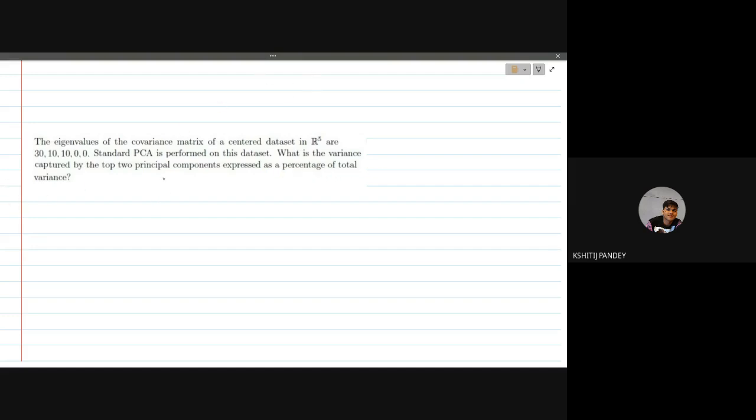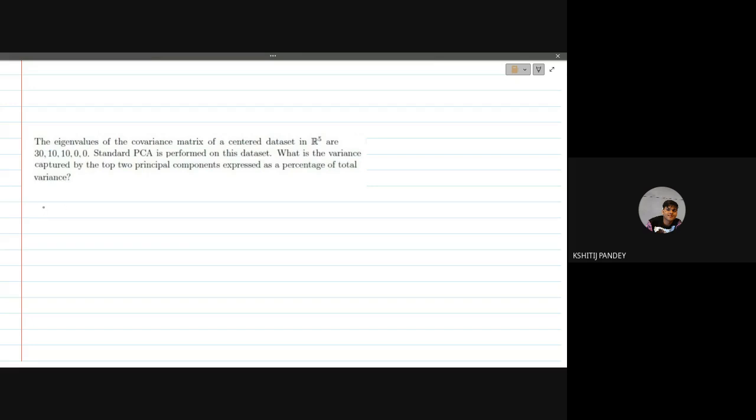This is also very simple, right? We know that eigenvalues are nothing but the variance of the data set along the direction of their corresponding eigenvectors. Eigenvectors are W's. So the total variance is equal to the sum of these, that is, it is equal to 50. And the top two are capturing how much? 40.